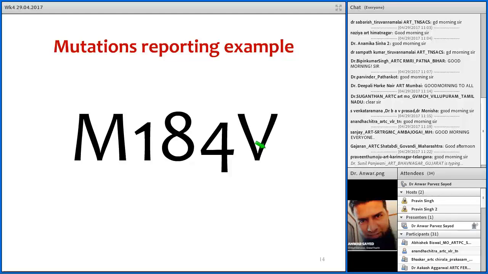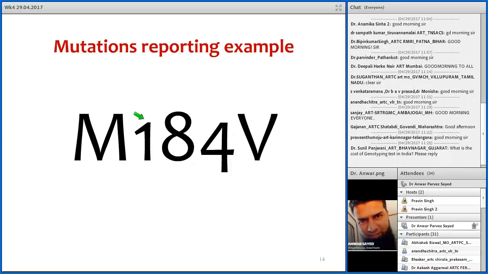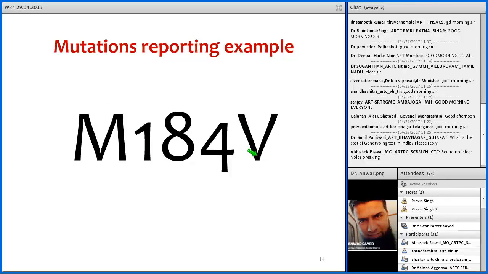By error of multiplication, we mean that in the amino acid sequence which a wild type virus is supposed to have, there will be a replacement of one particular amino acid with another. So at the 184th position, methionine is replaced by valine, and that mutation is reported as M184V.